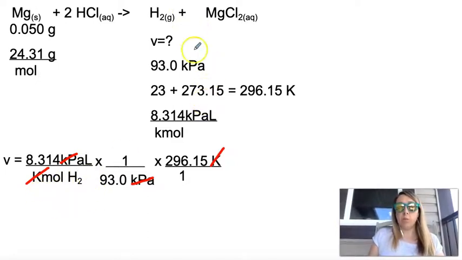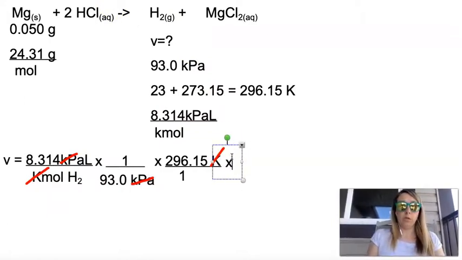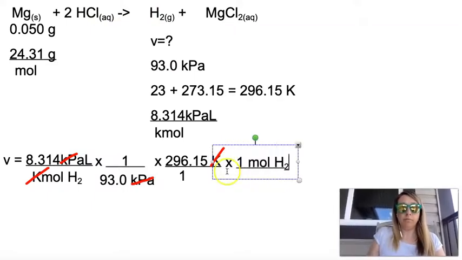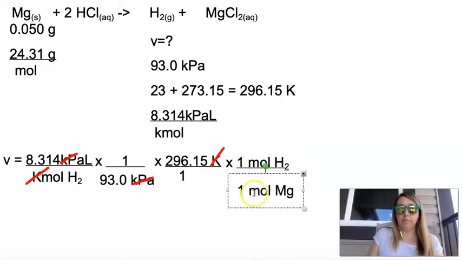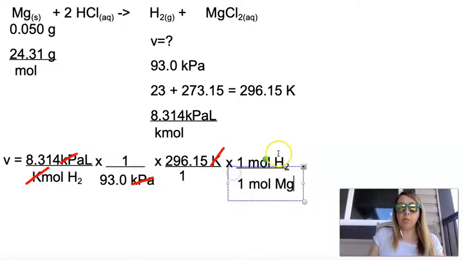And so we don't have moles of hydrogen. This is where we're going to use that ratio, right? We always use a ratio in our stoich. So we're going to do times 1 mole of hydrogen over 1 mole of magnesium, right? Hydrogen is what we're looking for. Magnesium is what we have info for. So from here, we can now cancel moles of hydrogen.